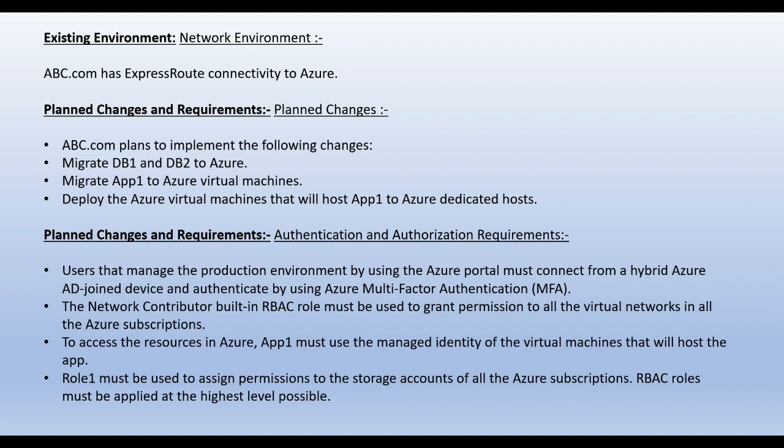That Role1 which we have earlier read, the RBAC role must be used to grant permission to all the virtual networks in all the Azure subscriptions. To access the resources in Azure, F1 must use the managed identity of the virtual machine that will host the app. Role1 must be used to assign permission to the storage accounts of all Azure subscriptions. RBAC roles must be applied at the highest level possible.